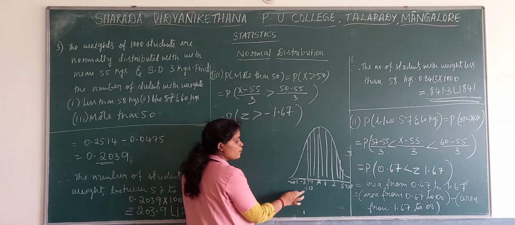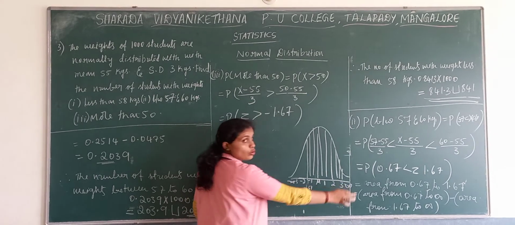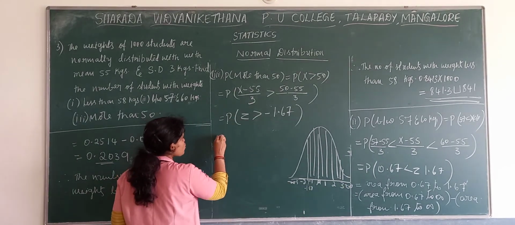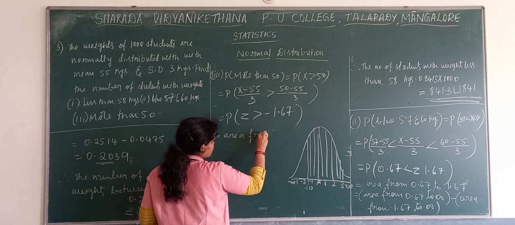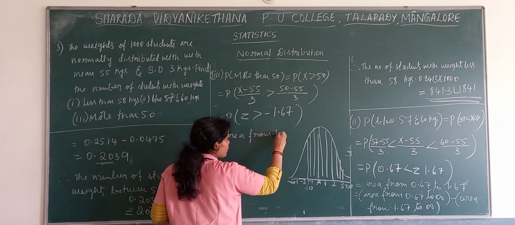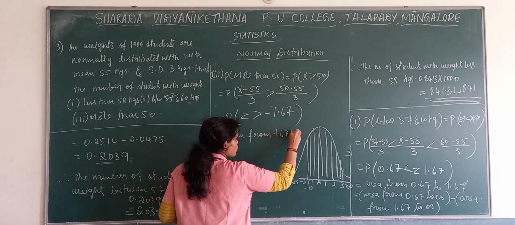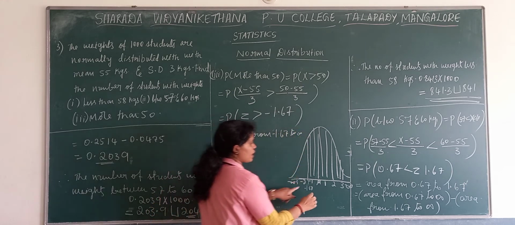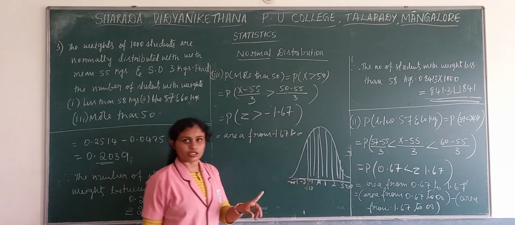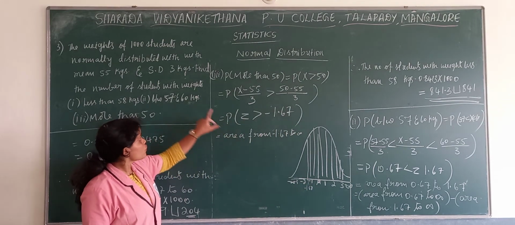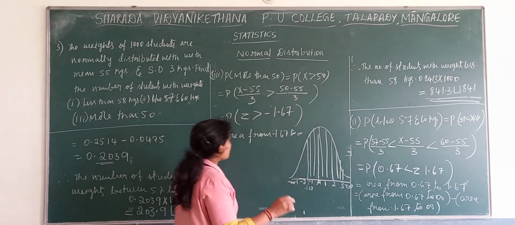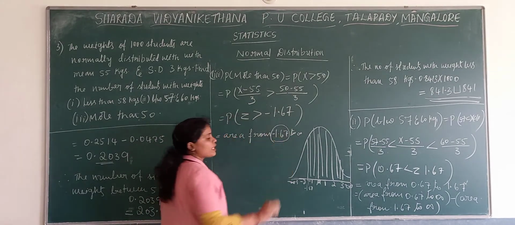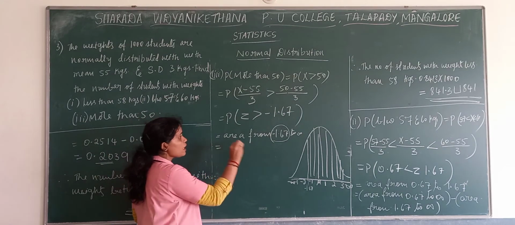So the area from minus 1.67 to infinity. But in the case of greater than, you will not get anything to deduct. Directly you are finding the value of minus 1.67 from the table.